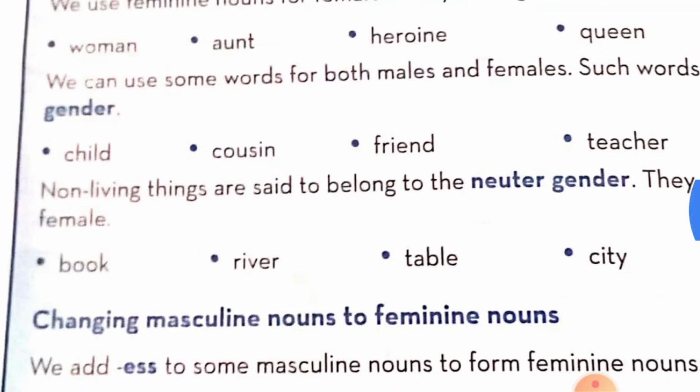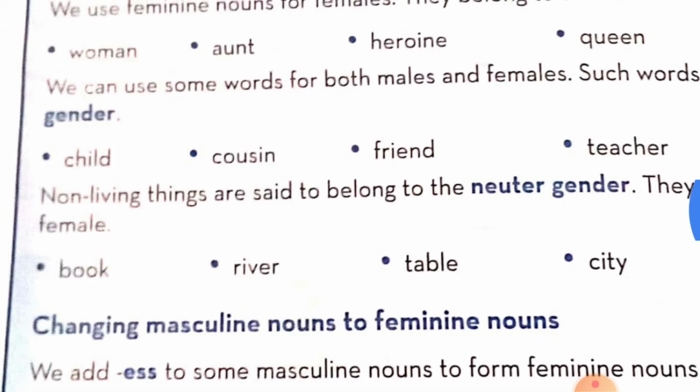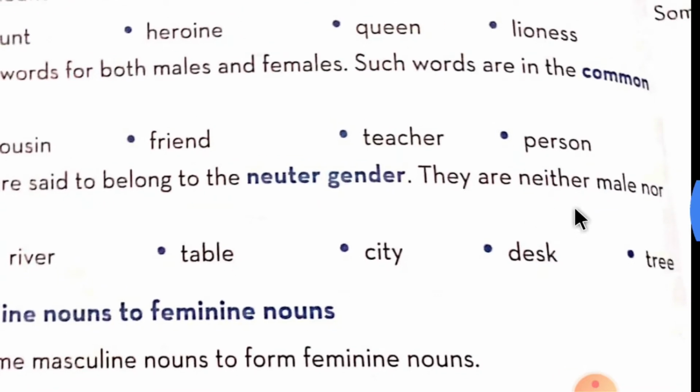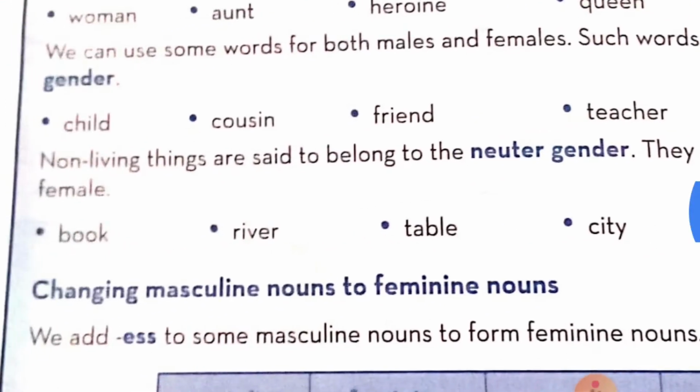Now look at the fourth type. All non-living things are said to belong to the neuter gender. As we know, students, door, window, book, chair, table are neither male nor female.